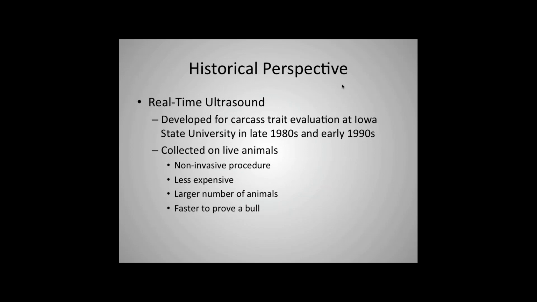It was also less expensive and faster to prove a bull, because you could collect it on a larger number of animals than with traditional carcass progeny testing. So that really got a lot of the breed associations' carcass evaluations going, because we could collect all this ultrasound data. Before, we only had maybe 1,000 carcass records. There just wasn't that much, but this allowed us to get the data that we needed to do an evaluation.